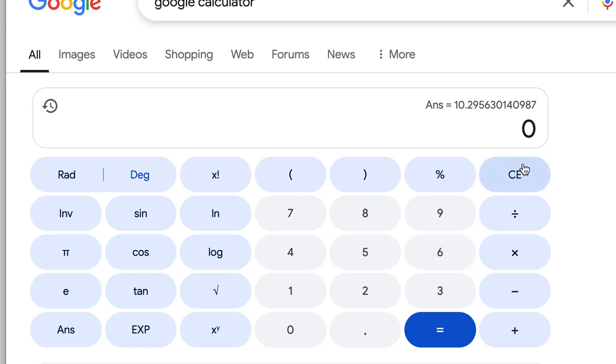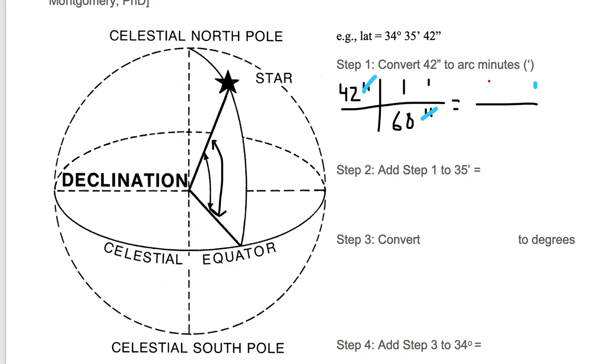So we go to our calculator, take 42, multiply it by 1, and divide that by 60. Hit equal, and we get a value of 0.7. We go back to our answer, and our answer is 0.7. So 42 arc seconds is the same thing as 0.7 arc minutes.